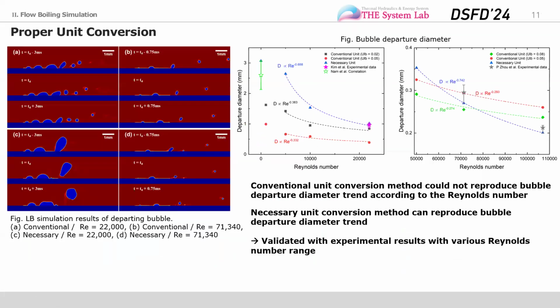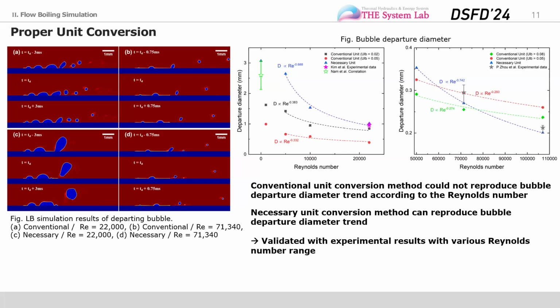This is the test case of the flow boiling departure diameter. As you can see in this figure, the conventional unit conversion method could match only a specific point of the departure diameter according to Reynolds number. However, it fails to match the departure diameter over a wide Reynolds number range.